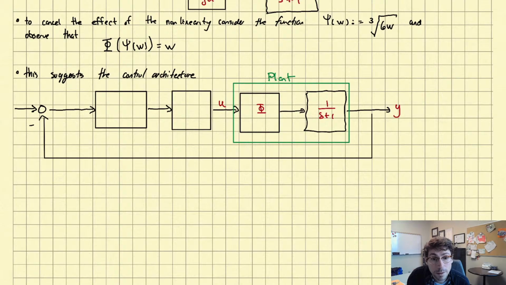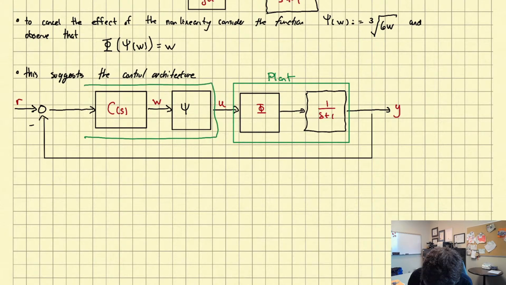The controller, we said what we'll do is we'll try to cancel out that effect and design the signal w. So we'll call this the controller that we'll design, C of S.